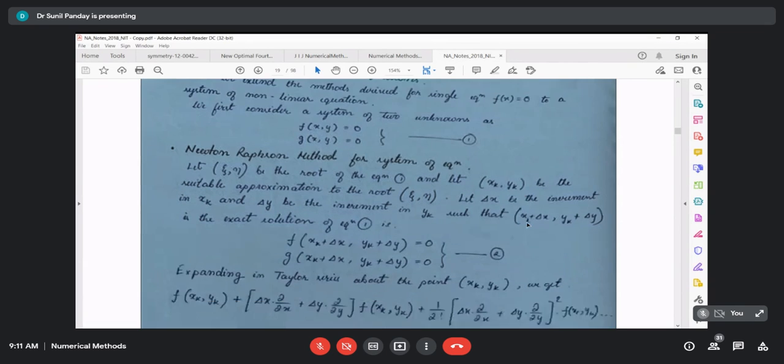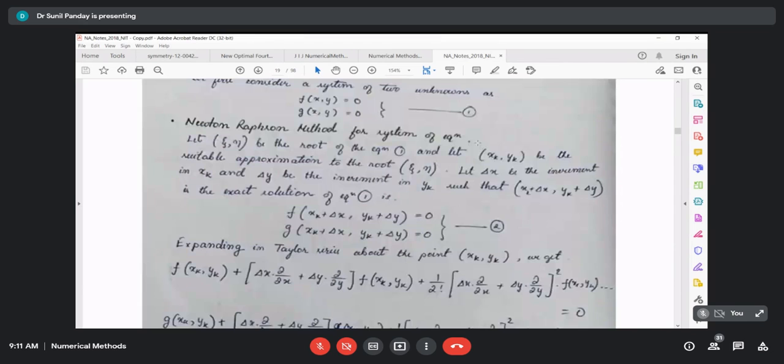This is my approximate root, and this is my exact root xi and eta. Since this is an approximation, there is a difference between xi and xk, and that is the error, which I represent by delta x.